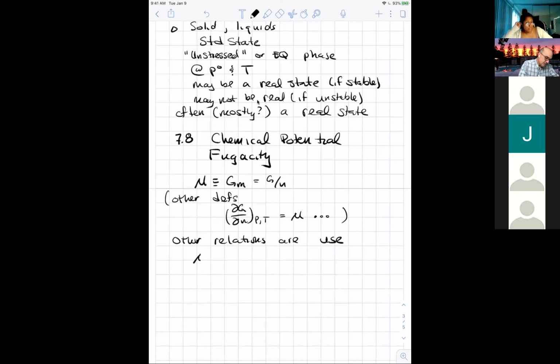These types of things are the partial of chemical potential with respect to temperature at constant P, which is minus molar entropy. So one of the useful things about using chemical potential is these are always going to be molar quantities, per mole.